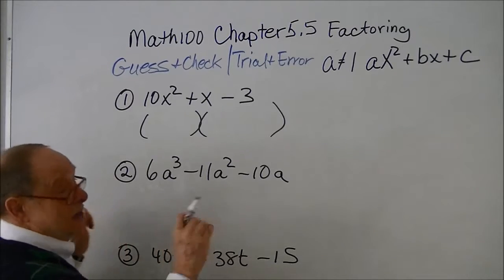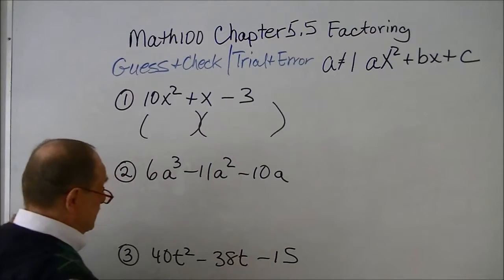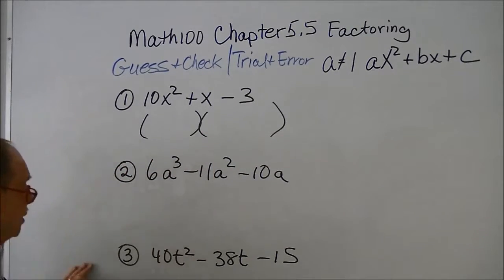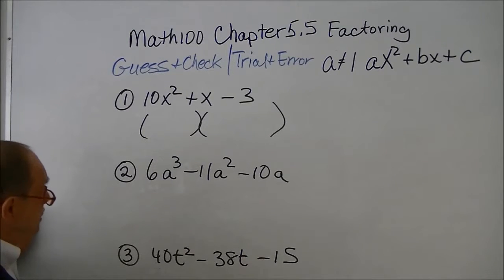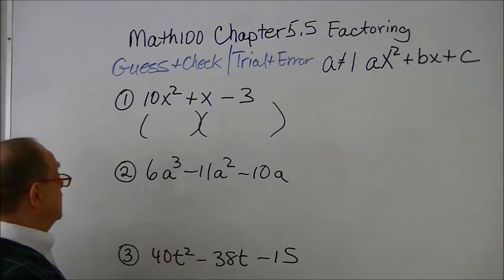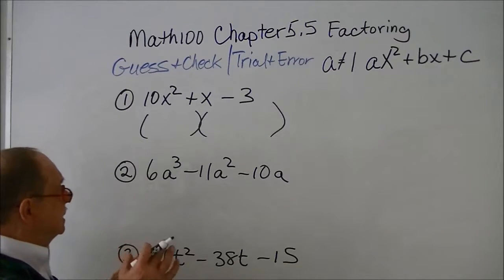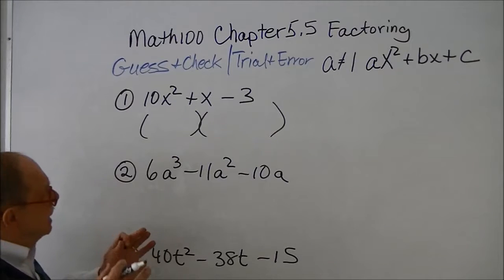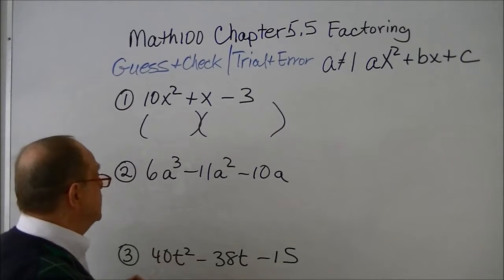If it doesn't, you're going to erase it and try something else. So these are longer to do, but we started with the easier ones so you could develop your skill. Now, again, this is lots of artisan work, lots of artistry, lots of judgment and analysis and thinking.